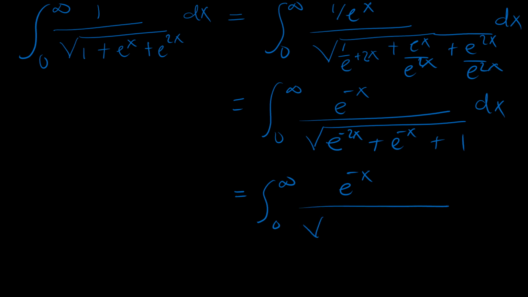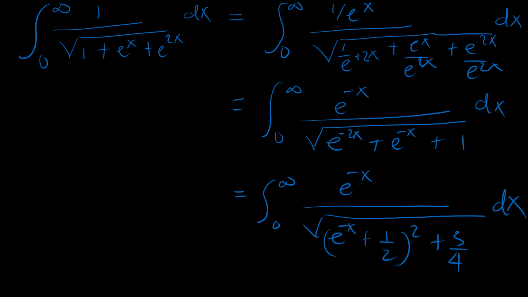This is the same as e to the power negative x plus a half, squared, plus 3 over 4, because a half squared will be a quarter, and looking at 1 here, a quarter will be 3 over 4 less than 1, dx. So that's where we get.